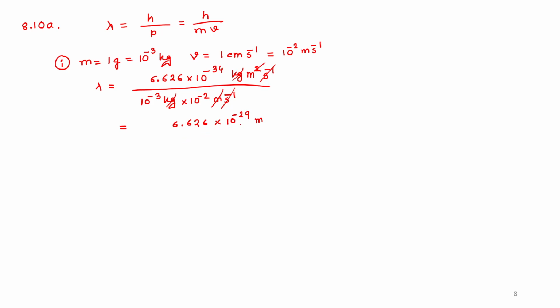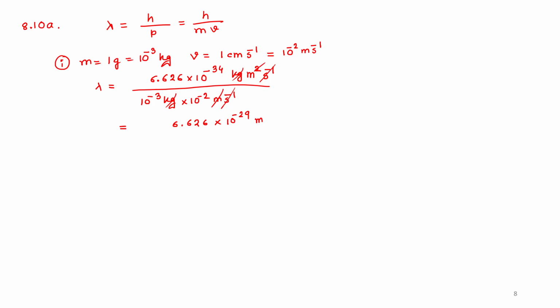It is not even in the angstrom, right? It's very, very small. So, what do you think? Can we see this wavelength, or can we actually feel the wave? Can we actually see the wave nature of this particle? What do you think? No, we won't be able to see the wave nature of it, because it is so small.